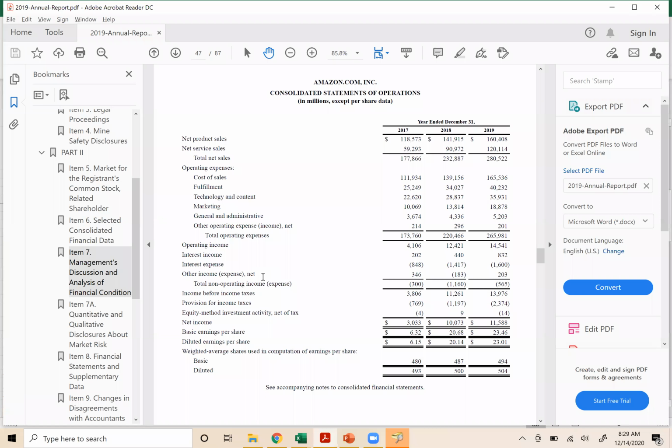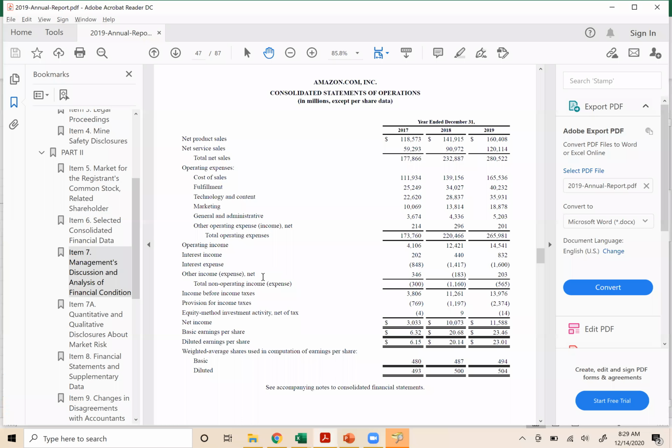Other income is a common line item that's reported after EBIT. Sometimes other income is separated out into several line items. I talk in detail in the book about what other income can be. I'm not going to talk about it so much now because it's pretty simple in Amazon.